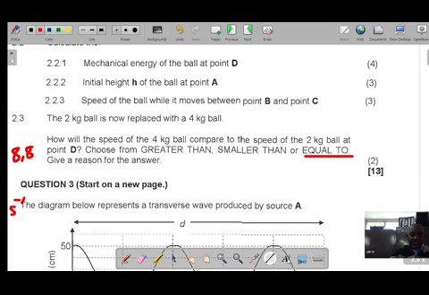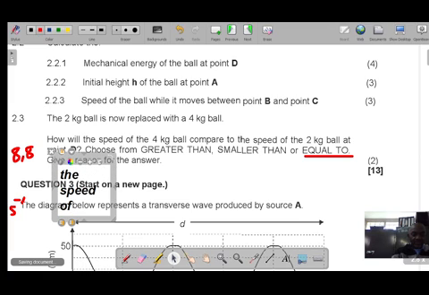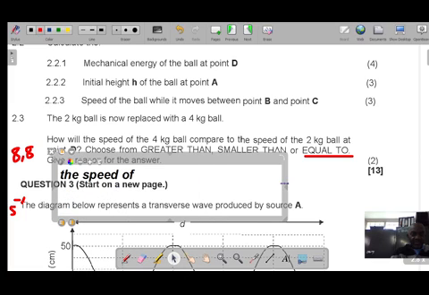This is my reason here. The speed of the ball does not depend on the mass, but depends on the initial height of the ball.